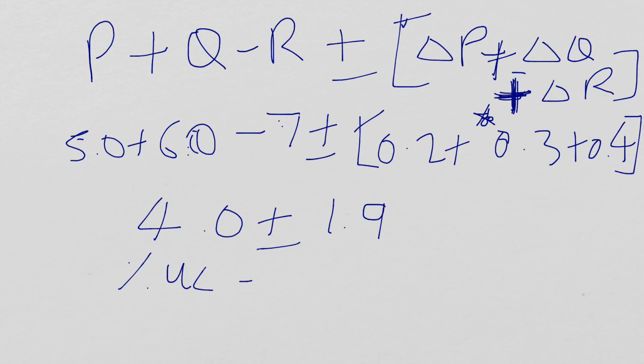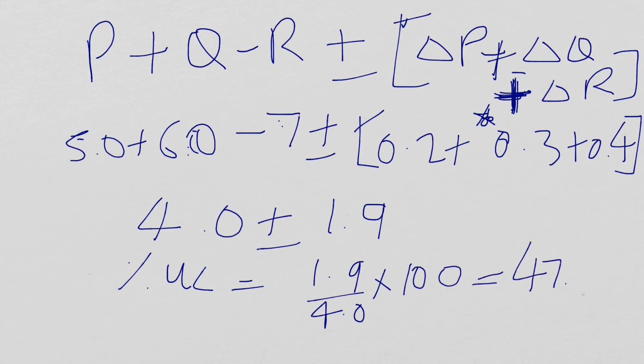Percentage uncertainty equals 0.9 divided by 4.0 times 100, which equals 22.5%. So in this way we can solve all uncertainty questions of addition and subtraction.